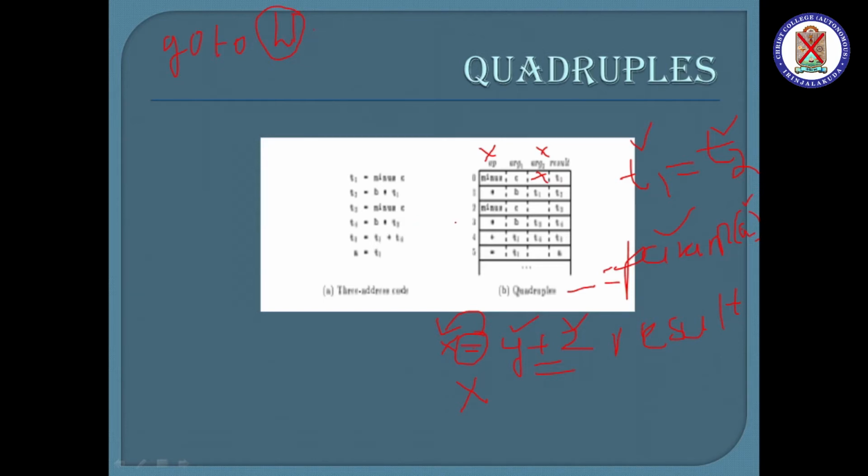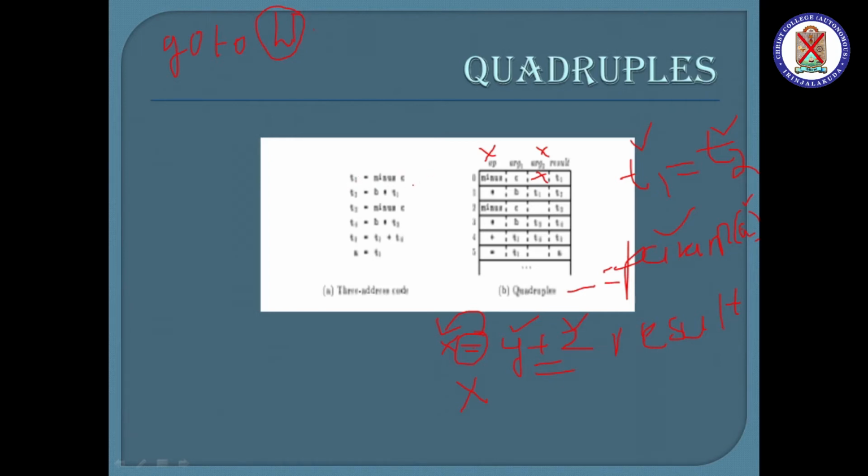In the equal to case, the operator and argument 2 are not used; in the unary operator case, argument 2 is not used. These are the main exceptions, but avoiding them, all other cases work, and quadruples are famously used with all these exceptions.